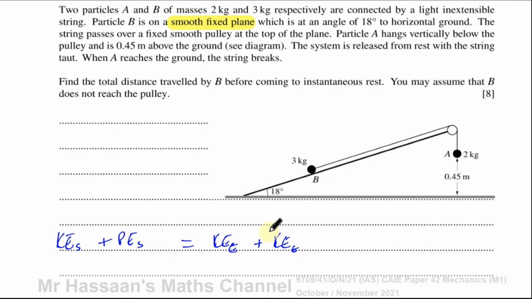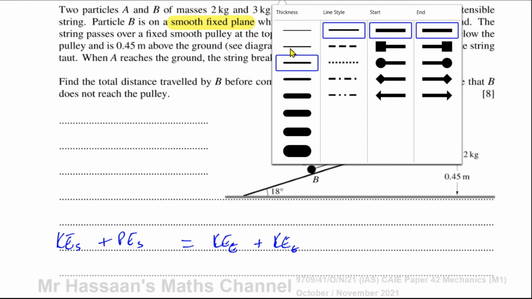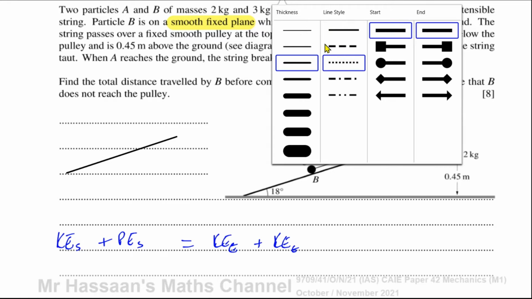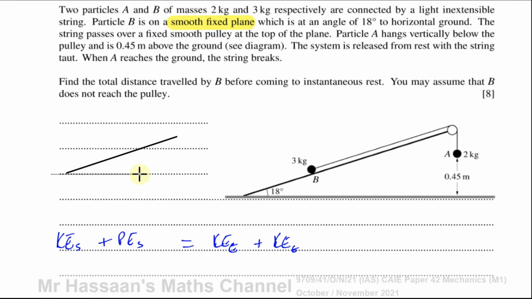Now, if we consider B and consider the fact that this is sloped, so we have a slope, we know this angle is 18 degrees.